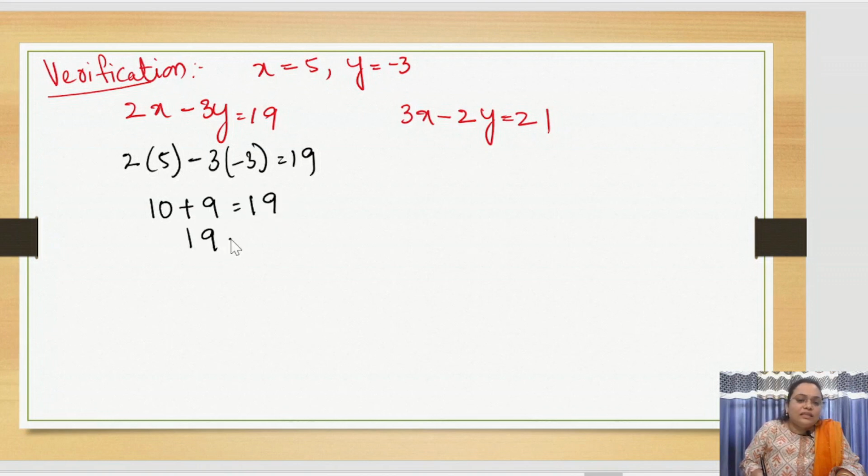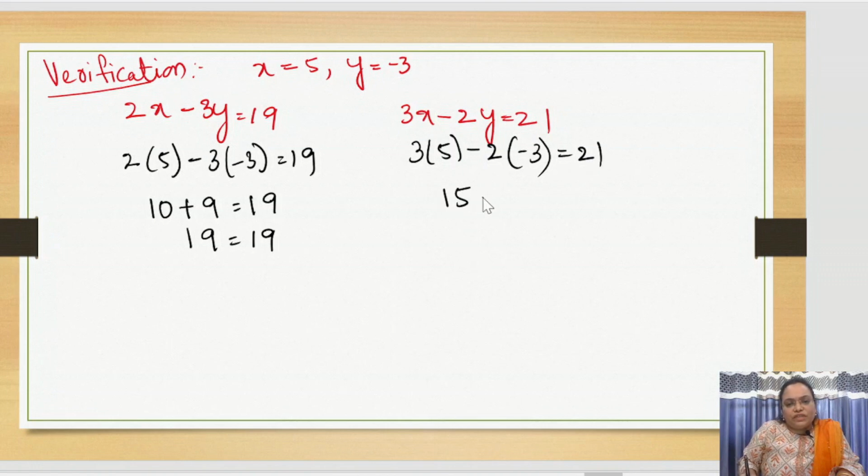This is 19 is equal to 19. So let us see the next one. 3 of 5 minus 2 of minus 3 is equal to 21, which is 15 plus 6 is equal to 21. This is 21 is equal to 21. The values of x and y satisfy both the equations on both the sides. Therefore, we can say verified.